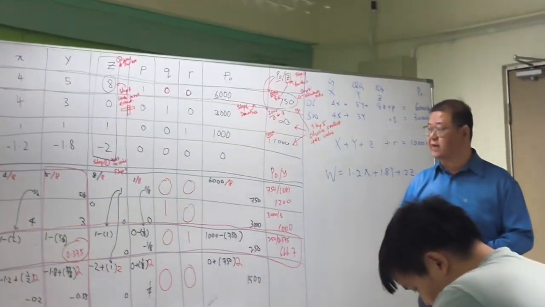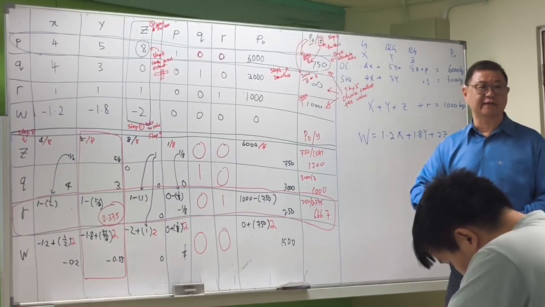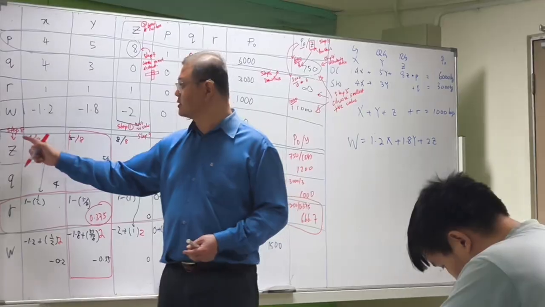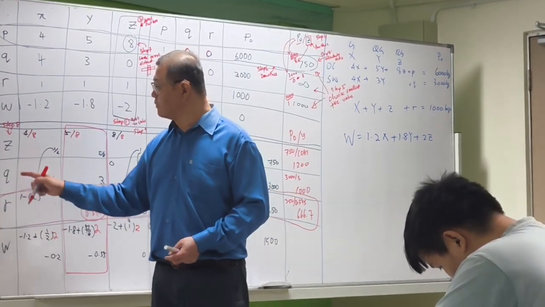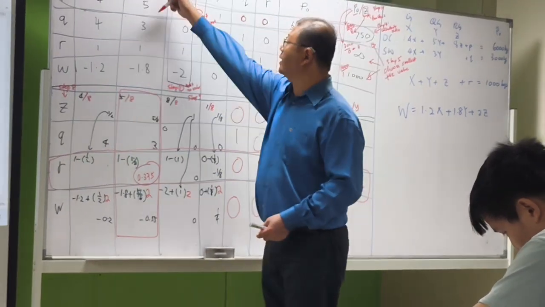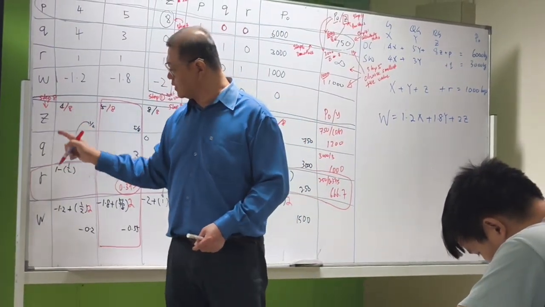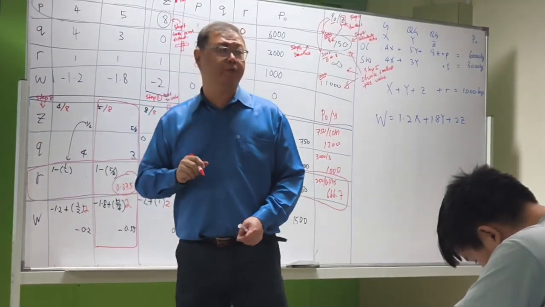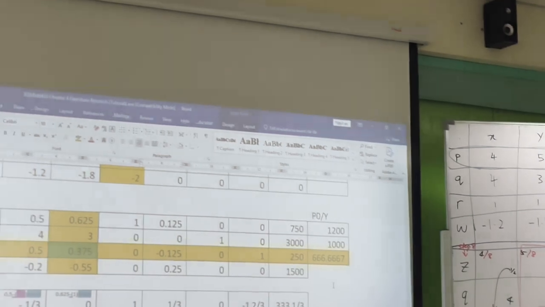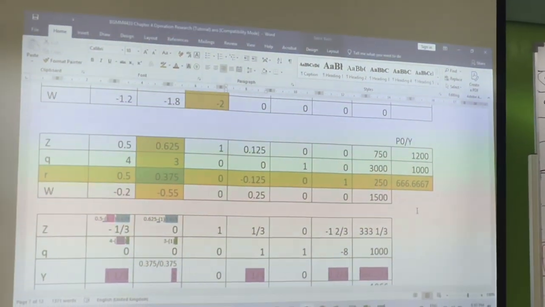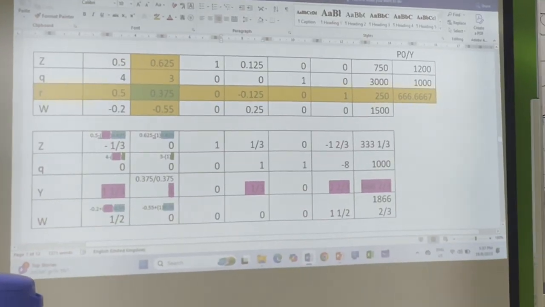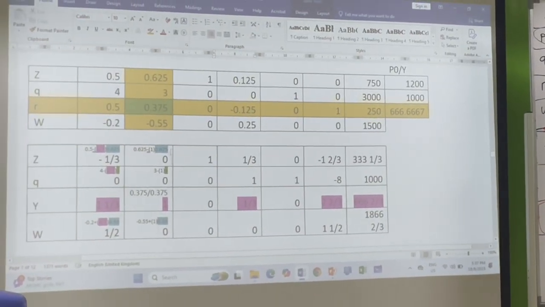So after you circle the pivot element, then you can move on to the next iteration. When you move on to the next iteration, what do you do? You change it. So this time will be Z, Q, R. You're going to change it to Y, so it becomes Z, Q, Y. The pivot element to 1, the rest in the same column to 0.